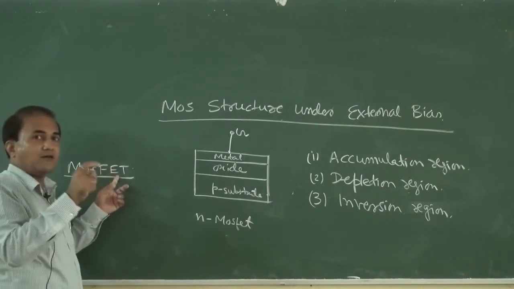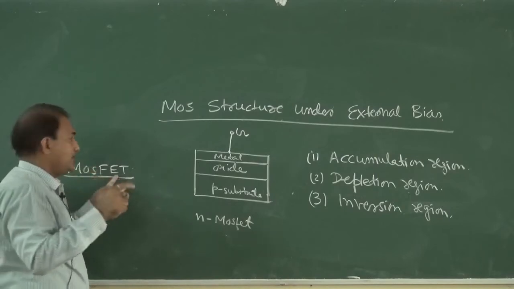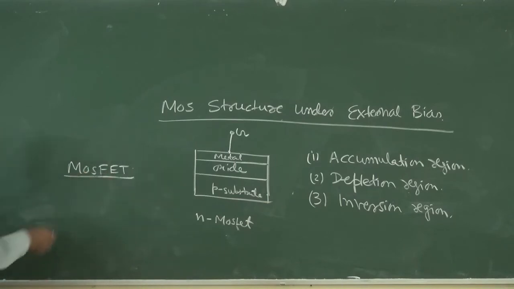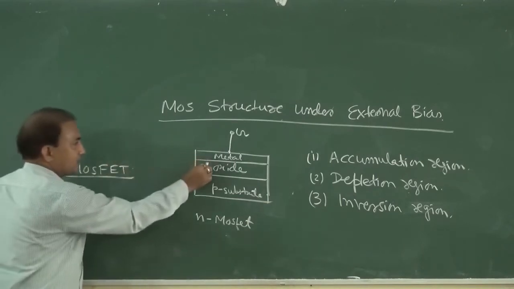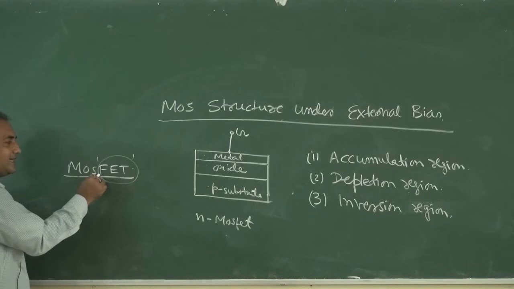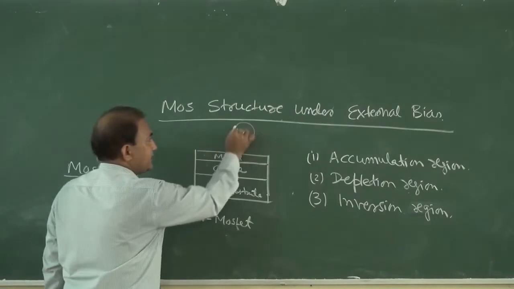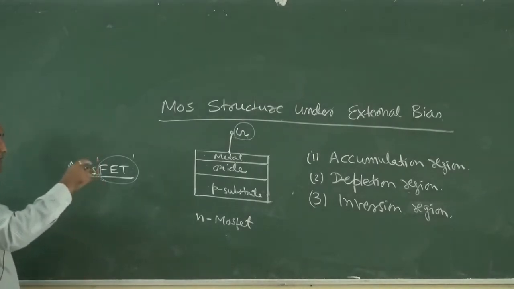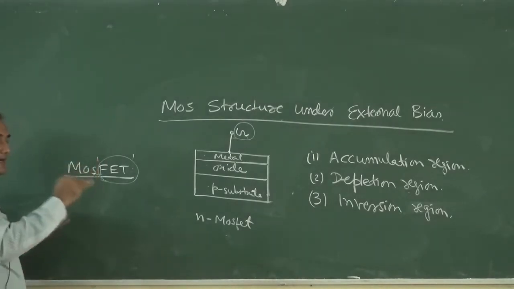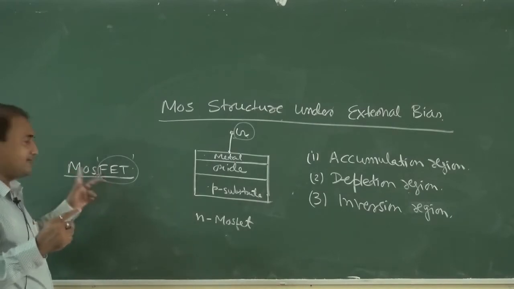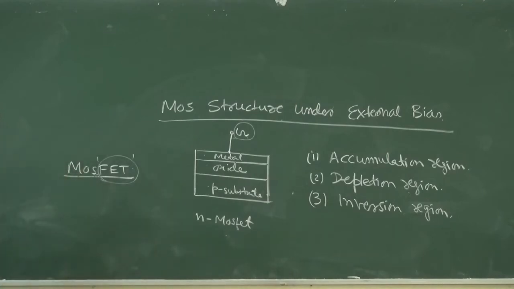How is the electric field generated? It is generated due to the application of external voltage at the gate terminal. So by the creation of electric field, conduction can take place in this device. That is why it is known as FET device. So it is MOSFET.